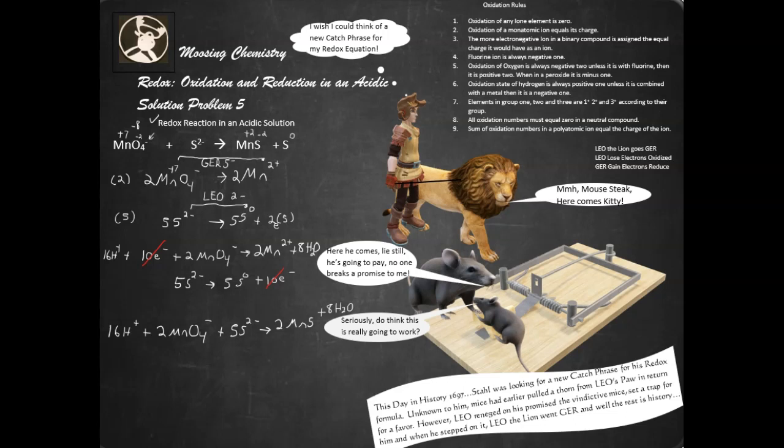Oh, so to make this even here, we're going to have to add 2 S's over here. So we're going to have to add 2 S's here. So our final product is going to be 16 hydrogens plus 2 MnO4 minus plus 7 sulfur, see that right there?